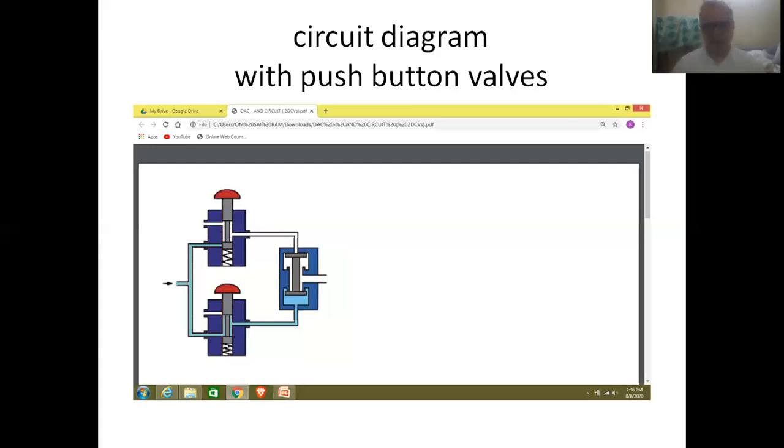So friends, this is about the construction, arrangement and working of end valve circuits. They are generally used for controlling double acting cylinders arranged in horizontal positions, and also double acting cylinders arranged in vertical positions.